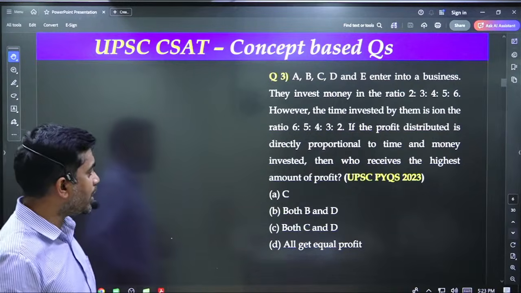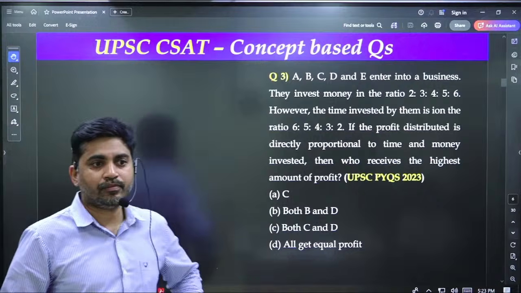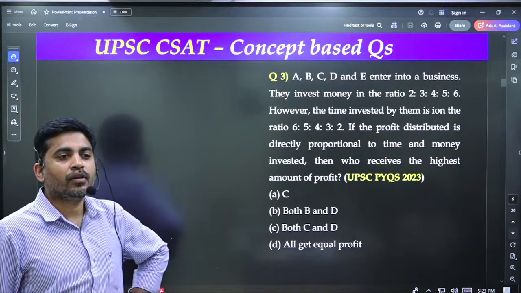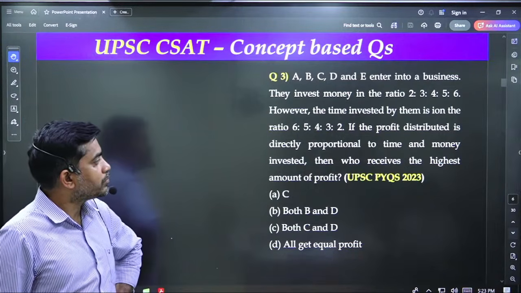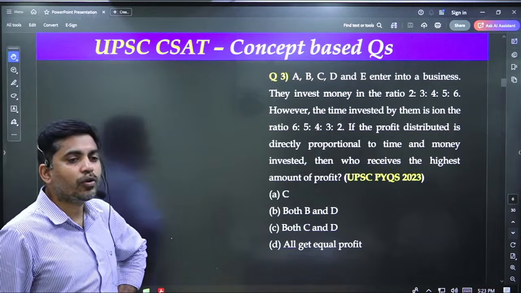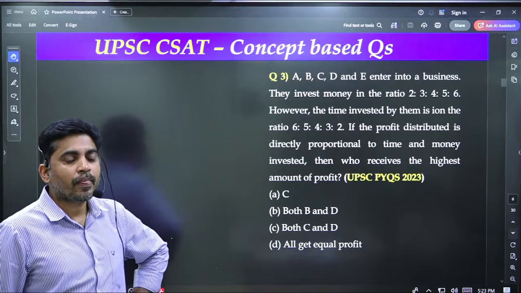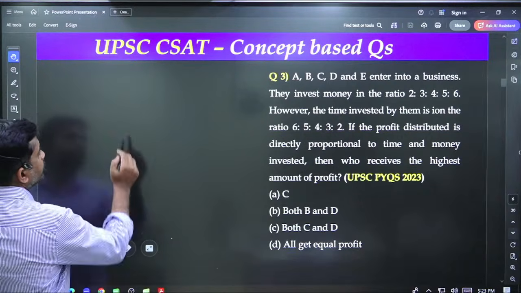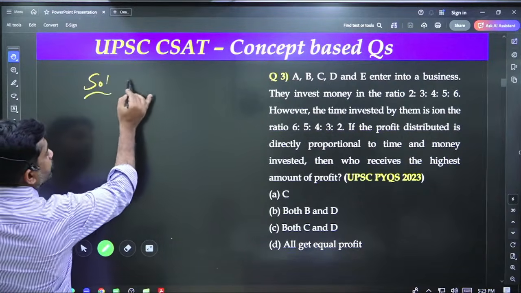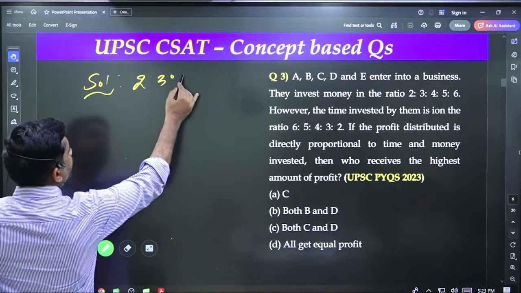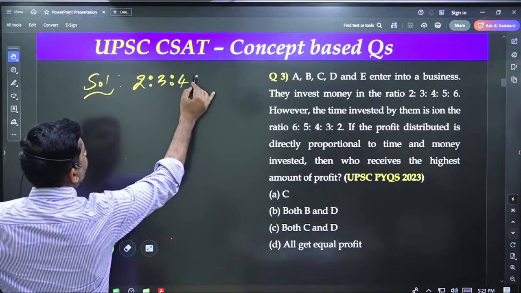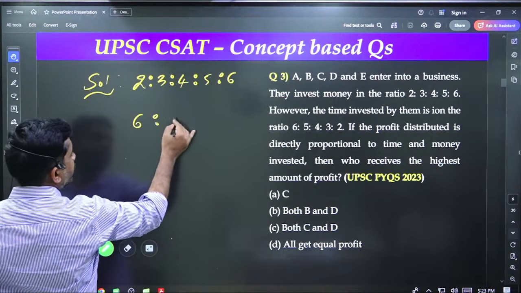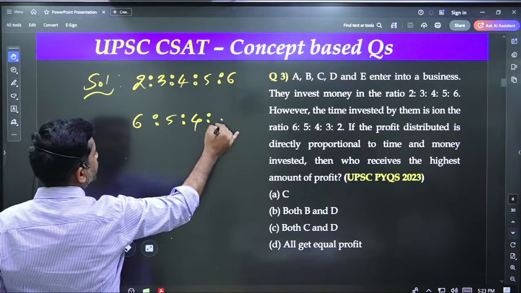Then who will be getting the highest amount of profit? They asked this in the 2023 paper. Tell me who will be getting more profit? 2, 3, 4, 5, 6 and 6, 5, 4, 3, 2.